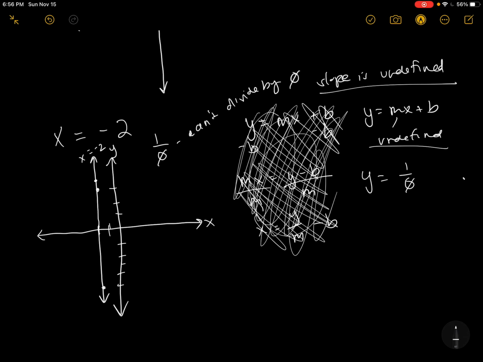But if you were going to write it out, right, I want to get rid of the 0, so that means I multiply, I'm going to move the b. Multiply both sides by 0.